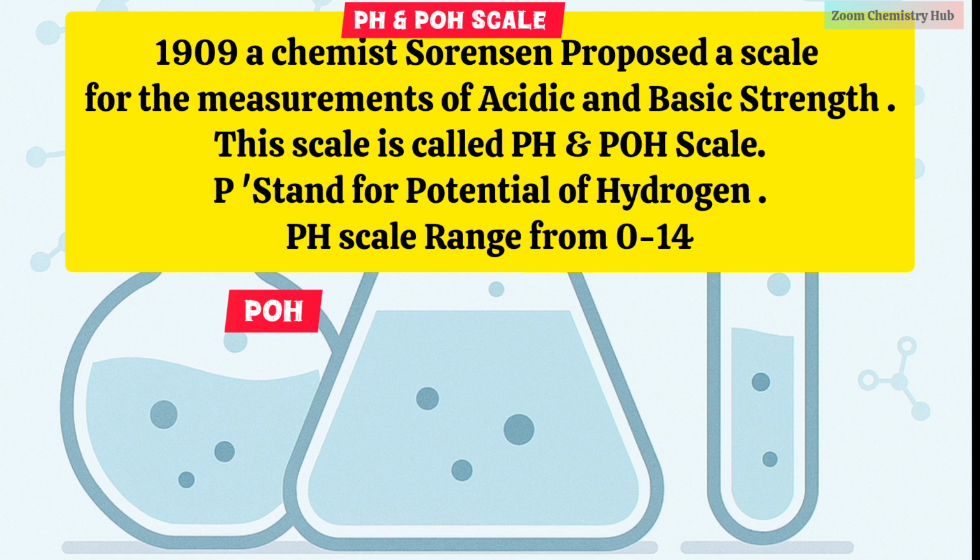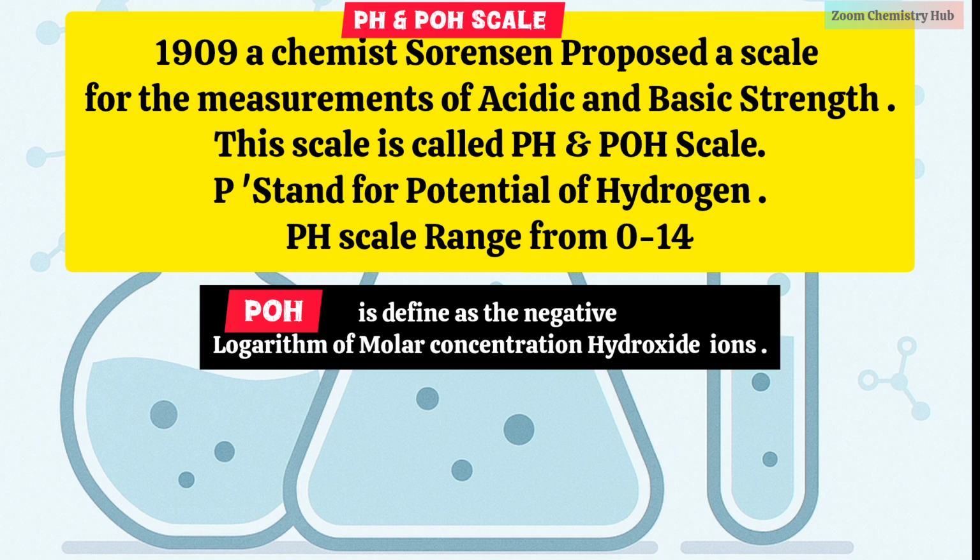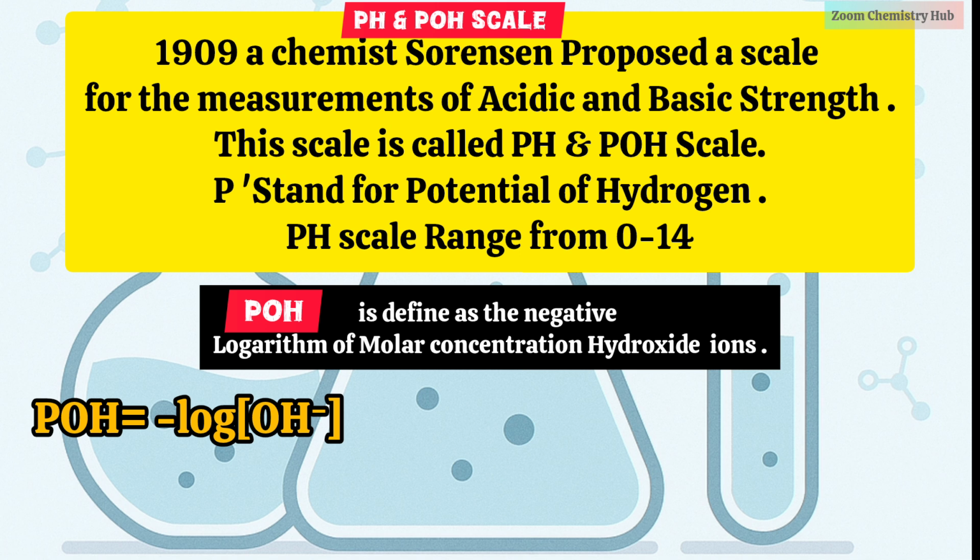Similarly, the pOH of a solution is defined as the negative log of the molar concentration of hydroxide ions. So we can write pOH is equal to the negative log of the hydroxide ion concentration.